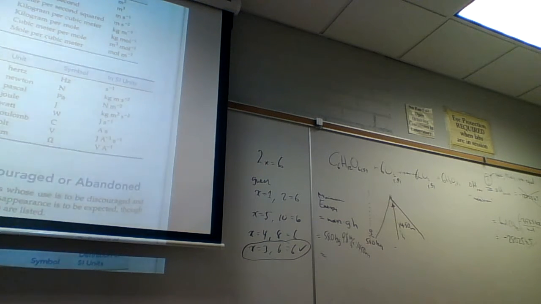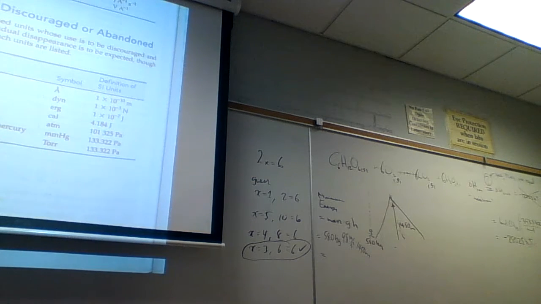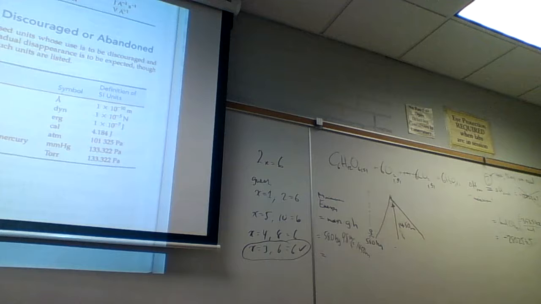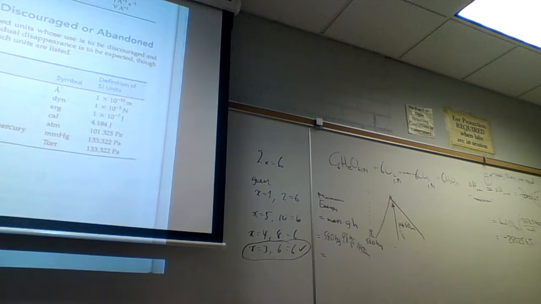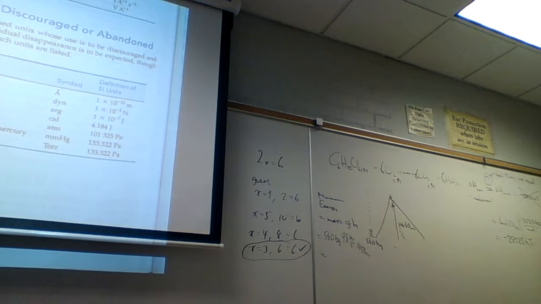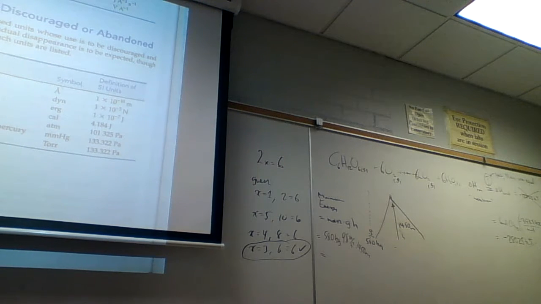This was something I was disappointed to see, though. This is one of my favorite units, the angstrom, which I like a lot. But when I looked at the heading for this, I was disappointed because they want to abandon angstroms. What else do they want to abandon?